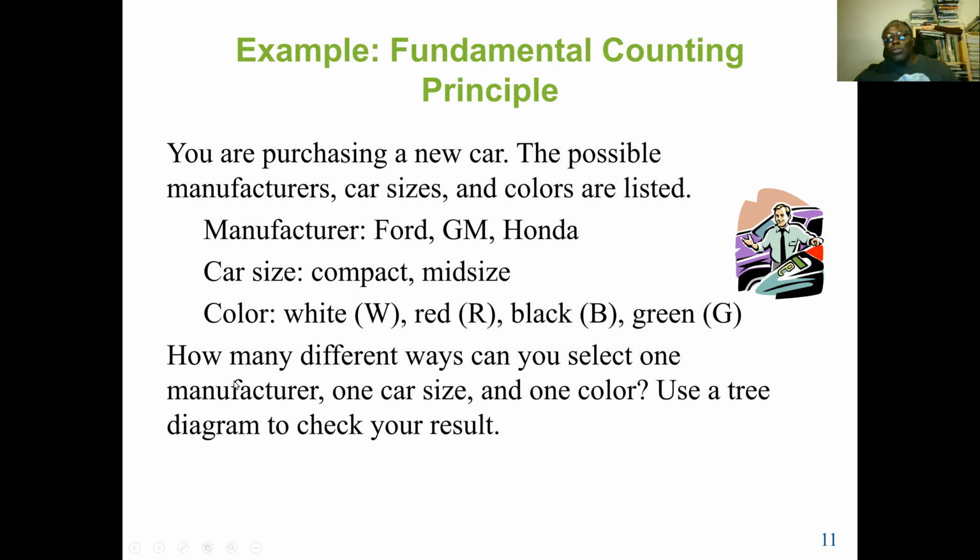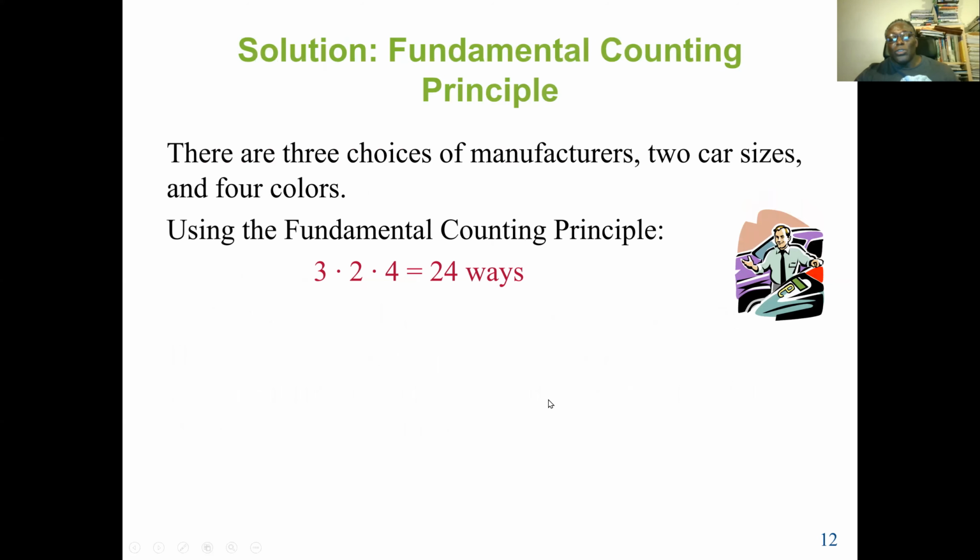So according to the fundamental counting principle, the sample space, or the possible outcomes, will be 3 manufacturers, times 2, the outcomes for car size, either compact or mid-size, then times 4, which is 4 different colors. So we get 3 times 2, which gives us 6, then 6 times 4 gives us 24. So the answer is 3 times 2 times 4, which is 24 ways.